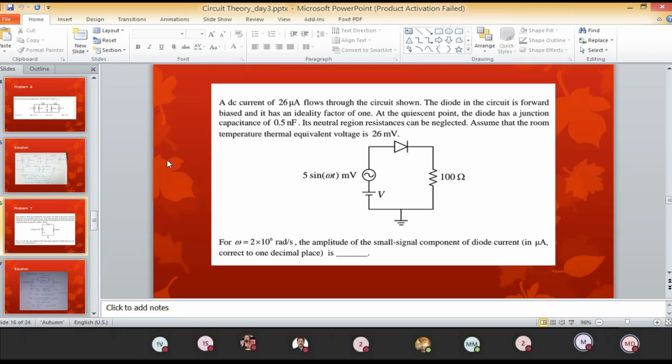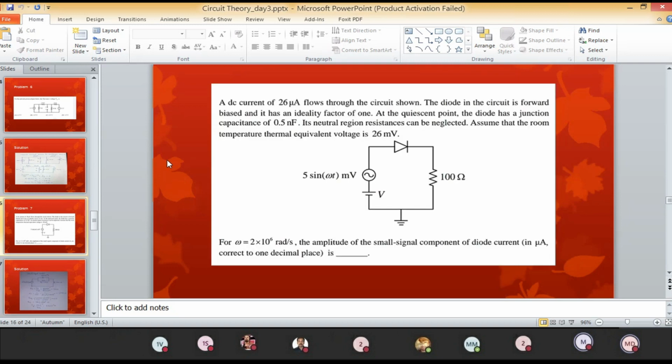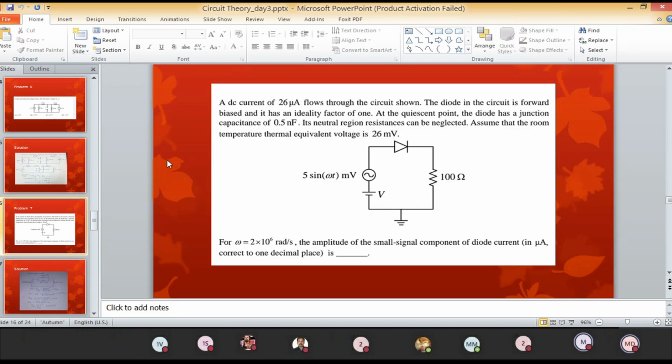And it also holds a resistance of 1 kilo ohm. Okay, diode resistance. So see, a DC current of 26 microamps flows and a capacitor 0.5 nanofarads.